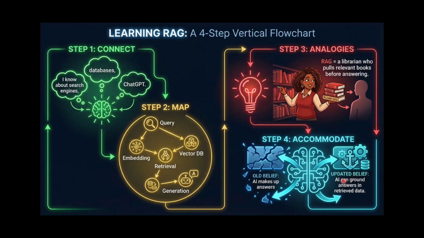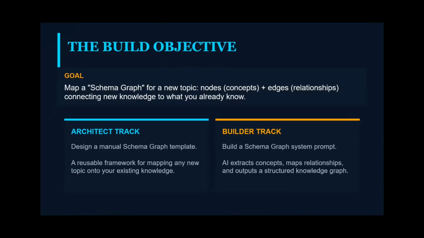And now you have this updated belief that AI can actually ground answers in retrieved data. And this is what RAG does. RAG allows an AI to be grounded in relevant, real information, not generic information that it was trained on during its pre-training phase. So that's a quick example of how to apply those 4 steps.